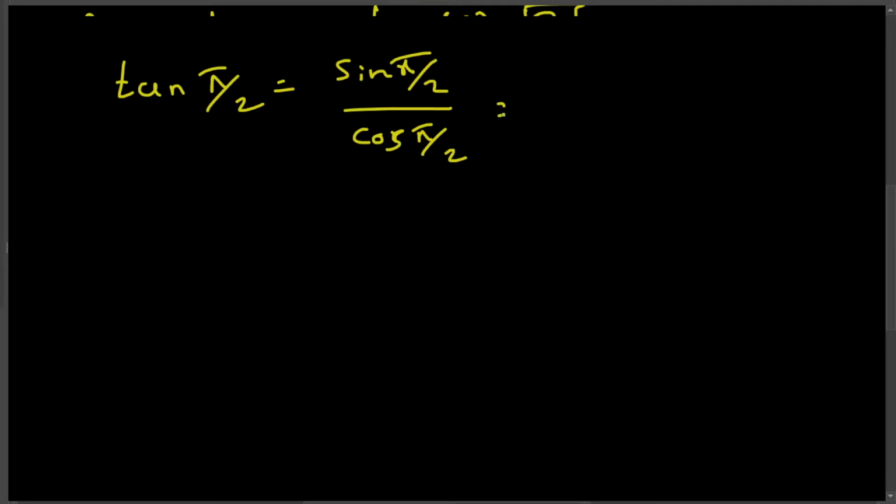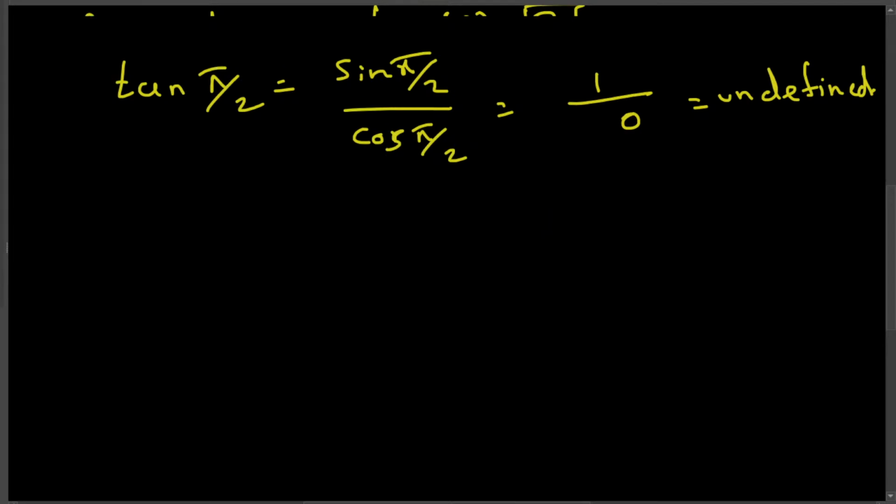You know that sine π/2 is 1 and cos π/2 is 0, so that gives us undefined. That's why we couldn't directly substitute in the last problem.